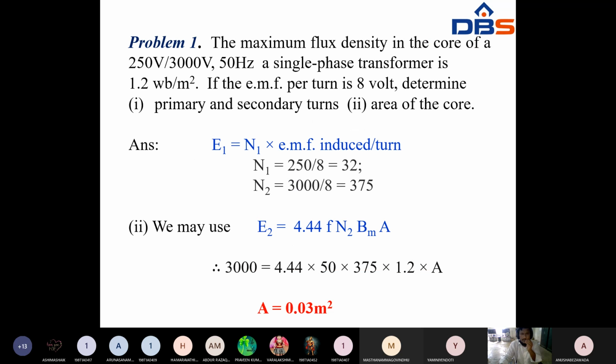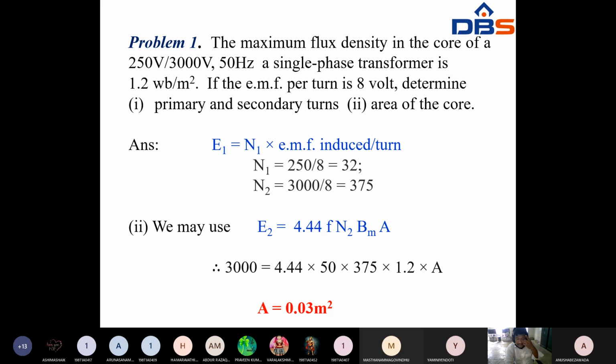Look at the problem. The maximum flux density in the core of a 250 volts by 3000 volts, 50 Hz single phase transformer is 1.2 Weber per meter square. The EMF per turn is 8 volts. Determine the primary and secondary winding turns and the area of the core, right?